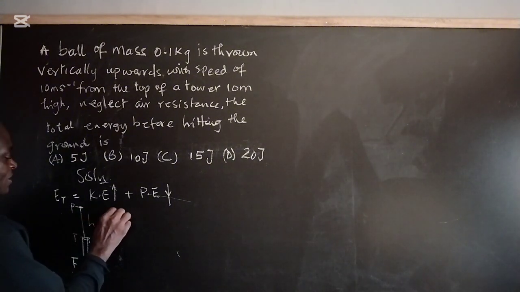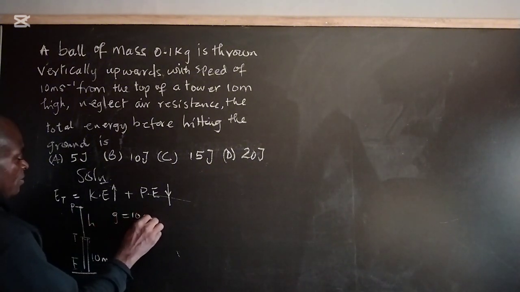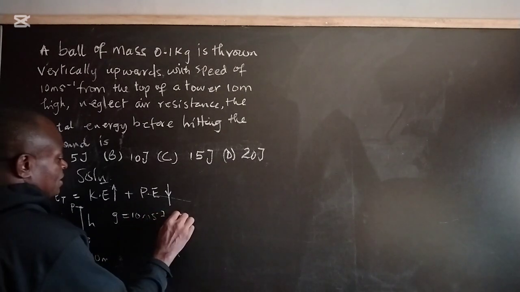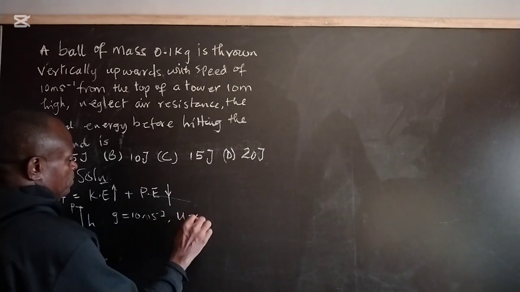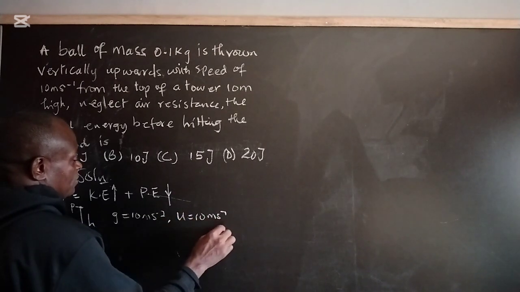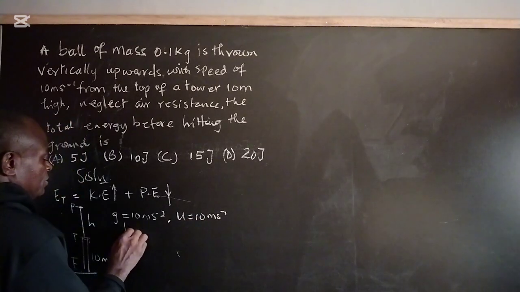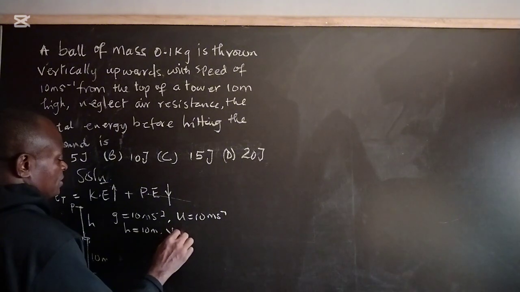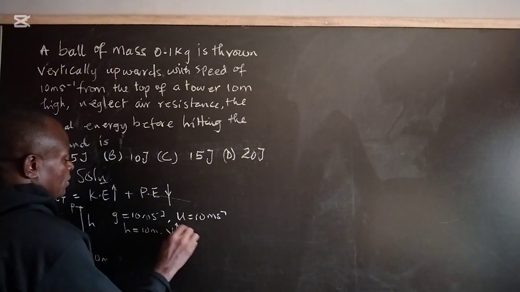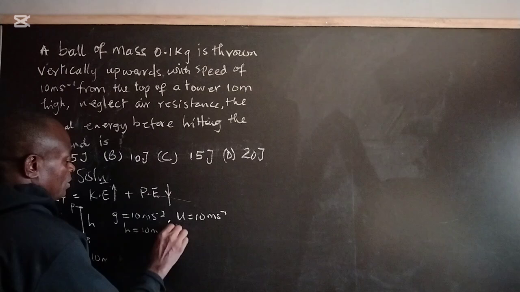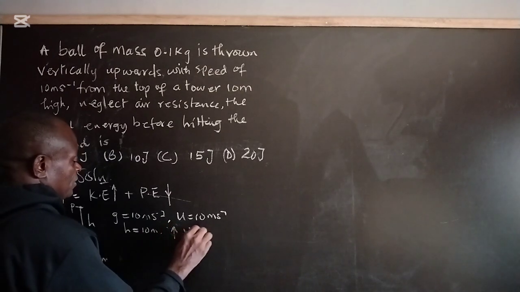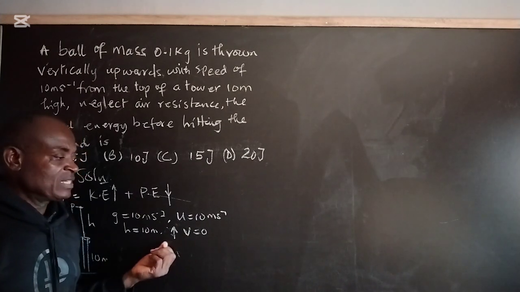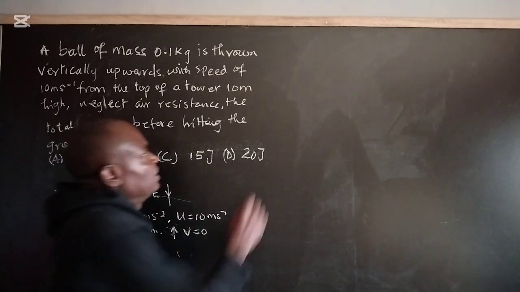So we're given that acceleration due to gravity is equal to 10 meters per second squared, and the velocity with which it was thrown up is 10 meters per second, and we're also given the height of the tower as 10 meters. When it is going up, if a body is thrown up, its final velocity is assumed to be 0. So these are the parameters we are given to solve the problem.